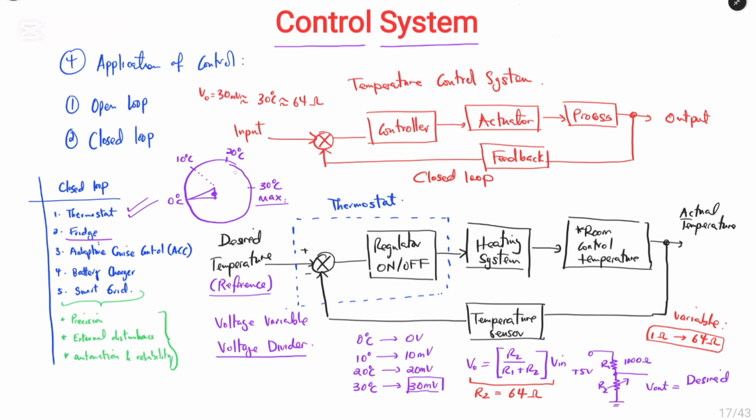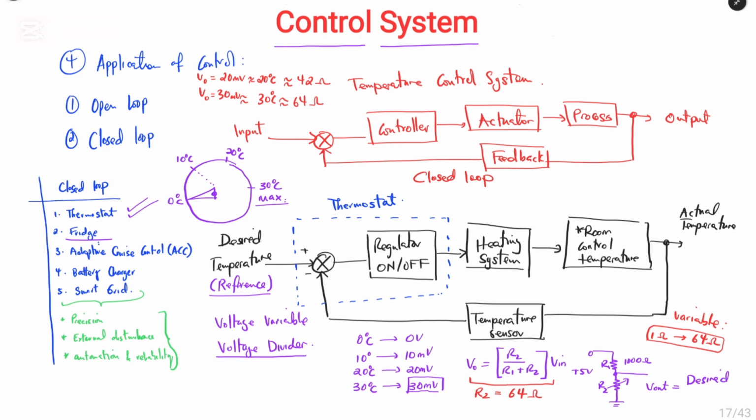And if we want to get 20 degrees Celsius, how can we compute with this equation? Then we can say V out is equal to 20 millivolts, which is equivalent to 20 degrees Celsius. And what will be the resistance? The resistance will now be equivalent to 42 ohms. So that means when we increase the knob, we are increasing the resistance, and it will provide the equivalent voltage to control this heating circuit.